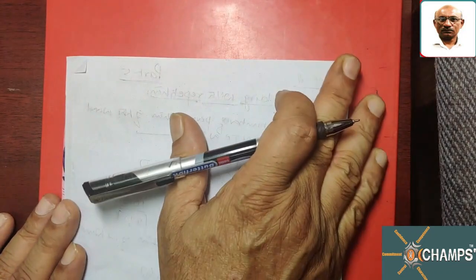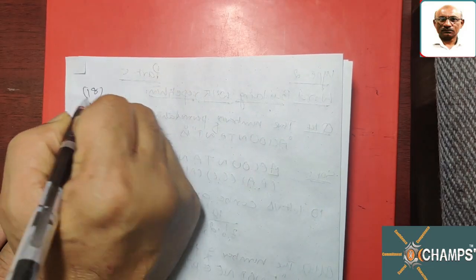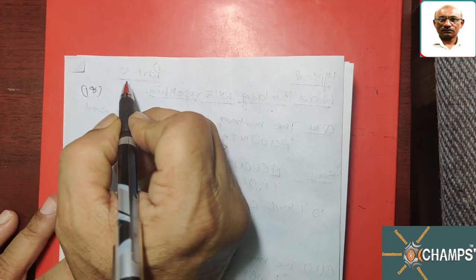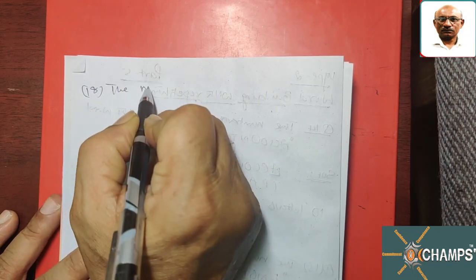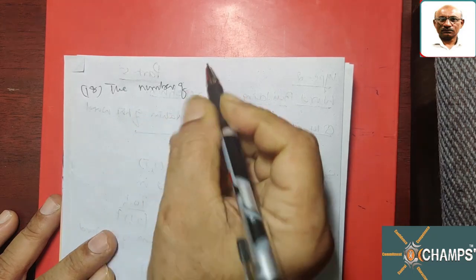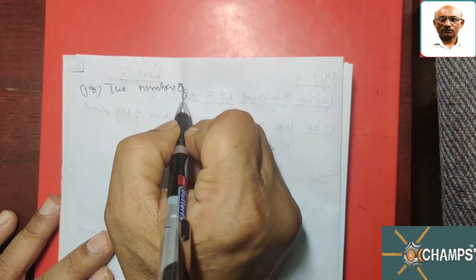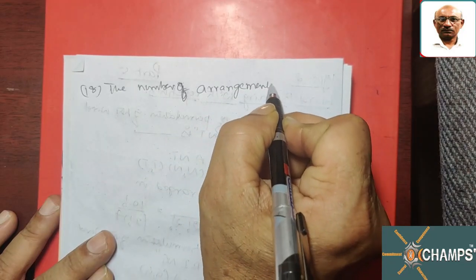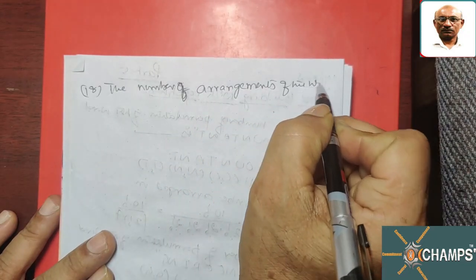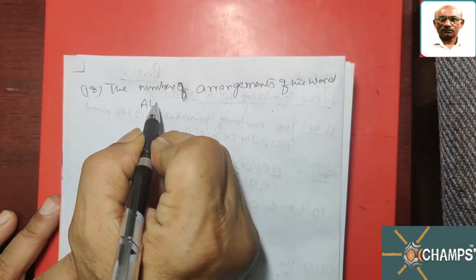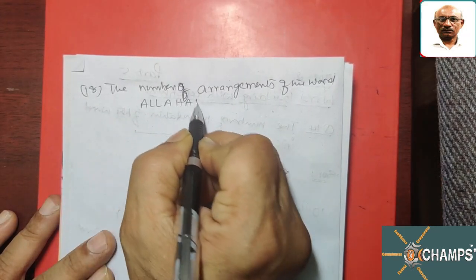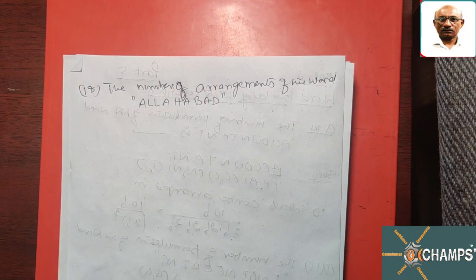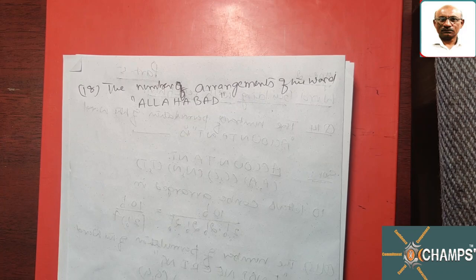Now look at the question number 18. The number of arrangements of the word Allahabad.